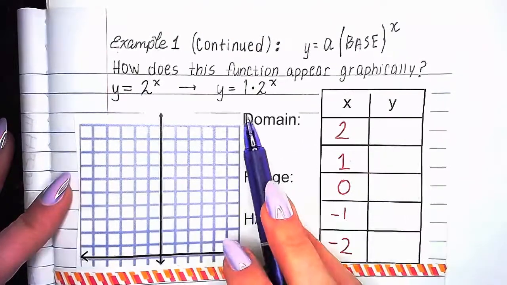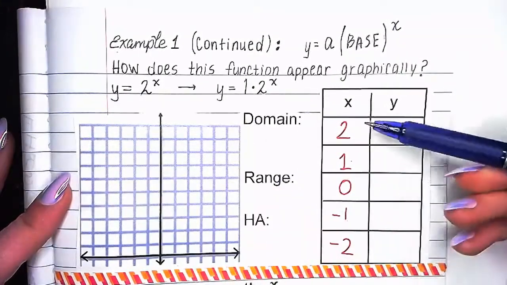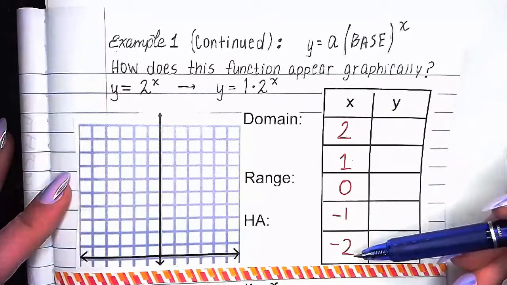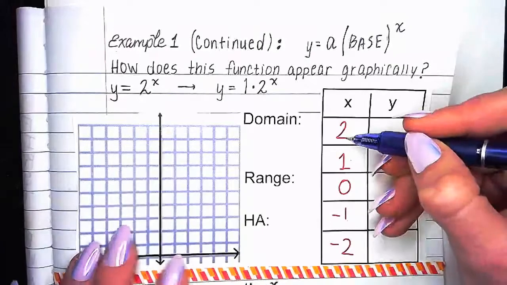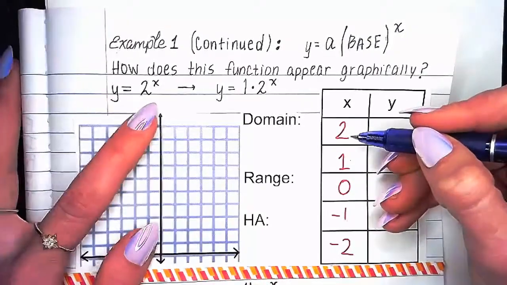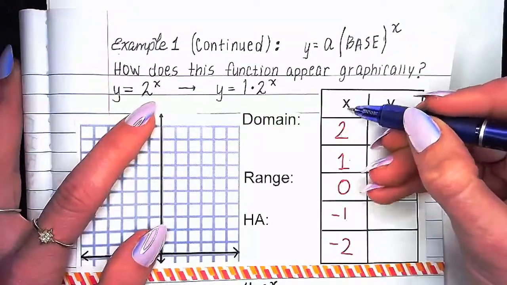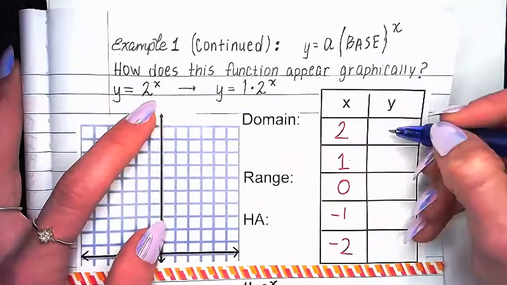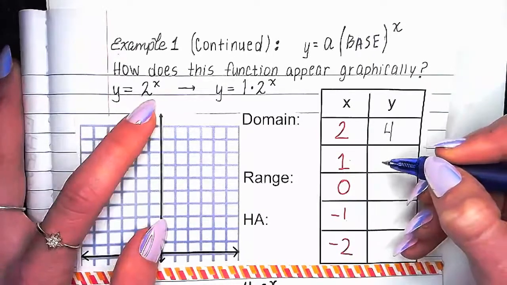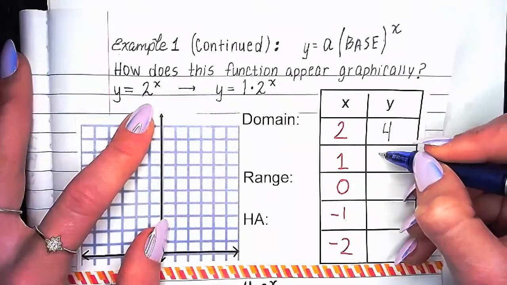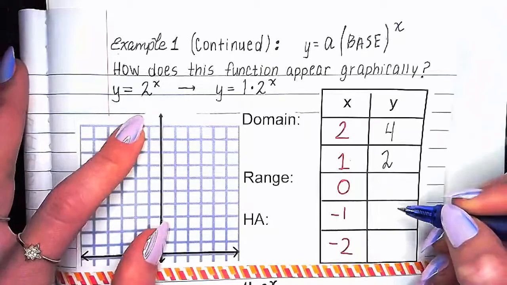Now we want to know how this appears graphically. When you were younger, you first learned how to make a table of values and use the table of values to make your graph. Let's make our table of values. What is 2 to the second power, where x is equal to 2? 4. What is 2 to the first power? 2.